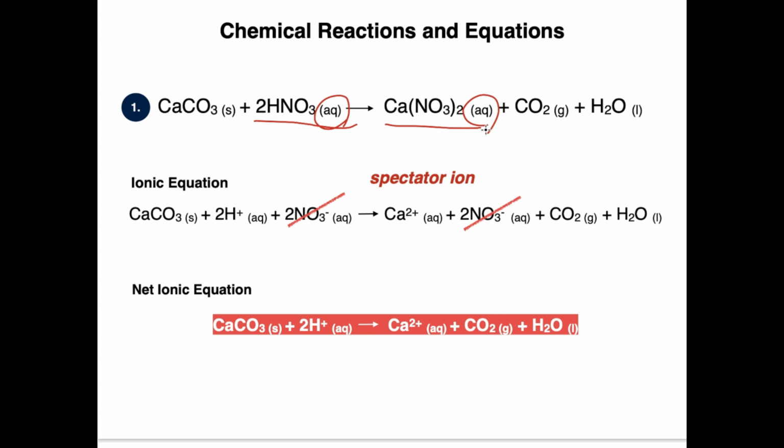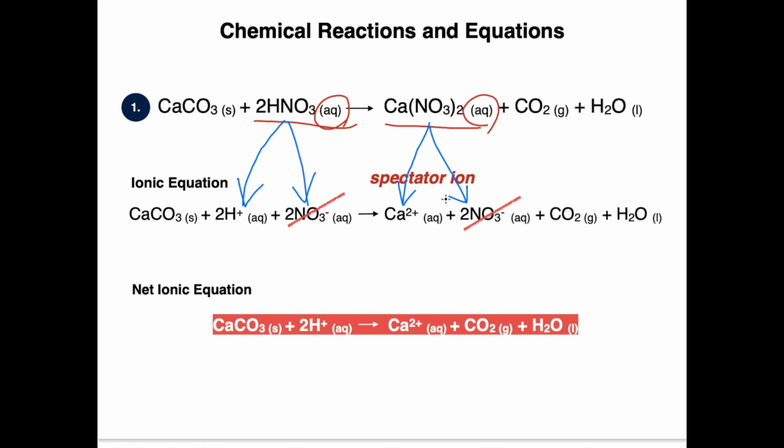The ionic compounds or salts can be dissociated into their ions, which means that I can express the species as ions. So nitric acid can be expressed as 2 hydrogen ions and 2 nitrate ions. The calcium nitrate can also be expressed as 1 calcium ion and 2 nitrate ions.